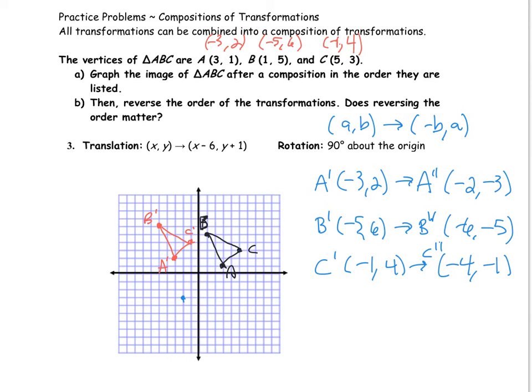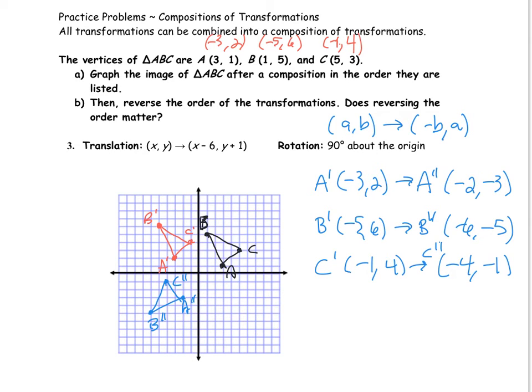So we go over 6, and then down 5. And then C double prime is at negative 4, negative 1. And if we graph that in, we should label it as A double prime, B double prime, C double prime.